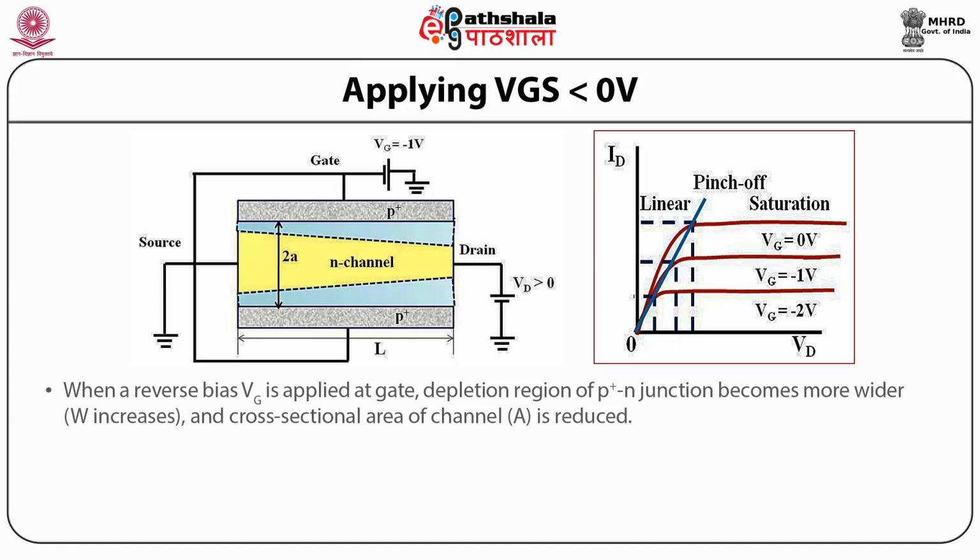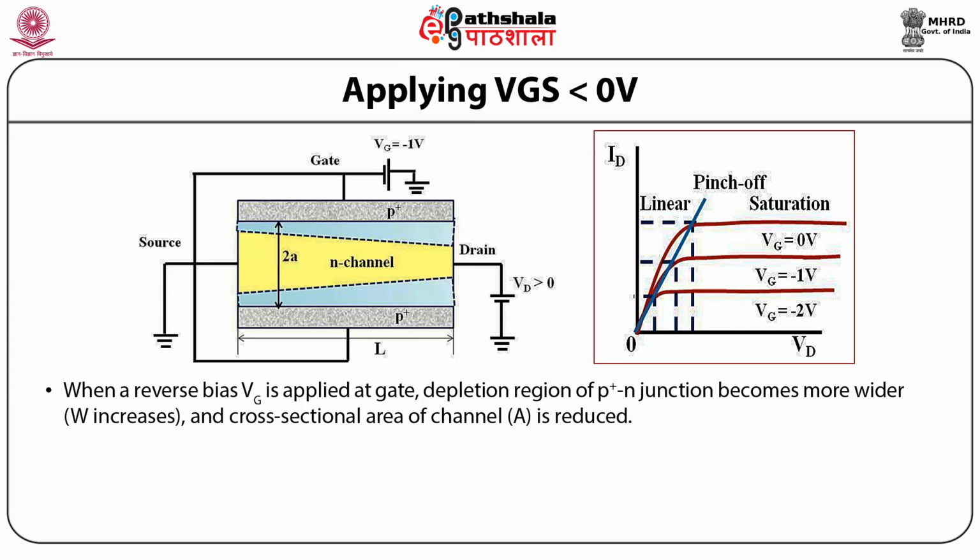So here when a reverse bias VGS or VG is applied at the gate terminal, then the depletion region of the P plus N junction becomes wider, so the width increases and the cross-sectional area of the channel A is reduced.